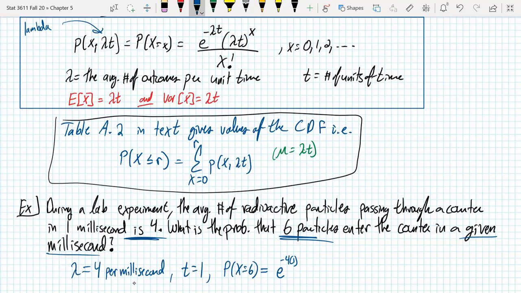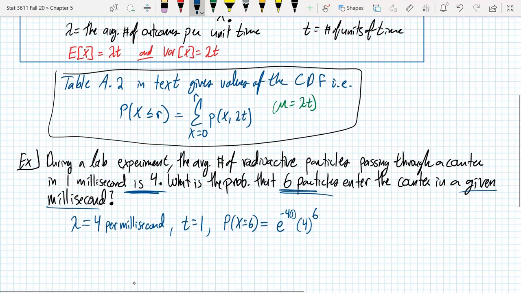Then it's lambda t to the x. Lambda t is 4 here, and the x power is 6, since we're looking for 6 particles. So e to the negative 4 times 4 to the 6th, divided by x factorial.